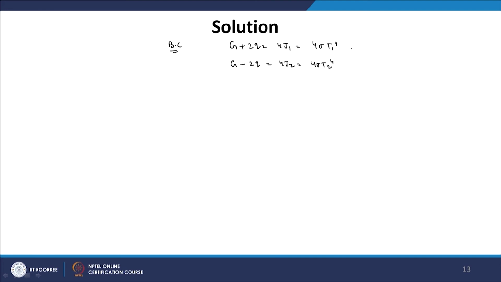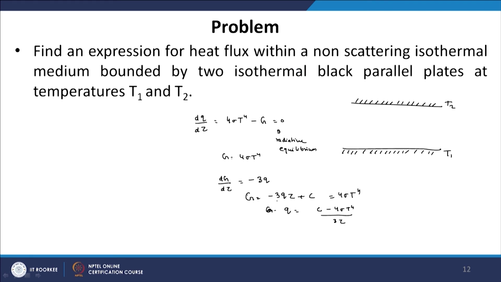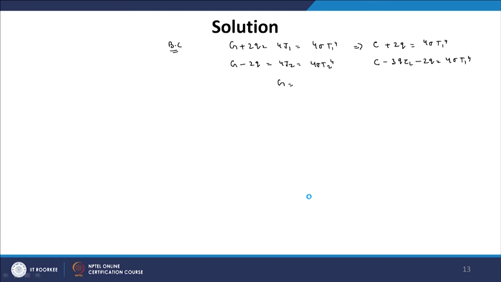So, this equation basically reduces to c plus 2q is equal to 4 sigma T1 power 4, because g is constant at tau equal to 0, and the other equation reduces to c minus 3 q tau L minus 2q is equal to 4 sigma T2 power 4. Please note the expression for g is minus 3 q tau plus c.